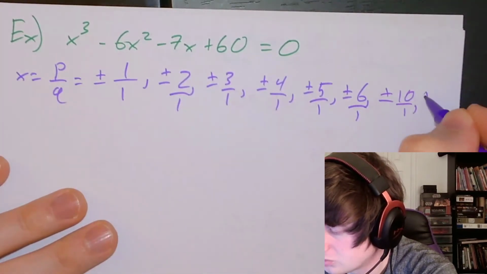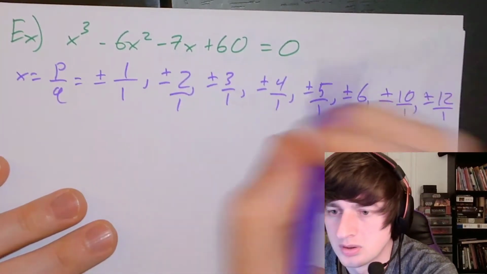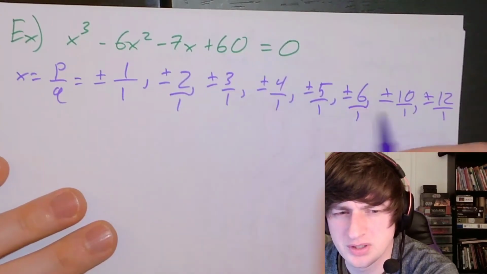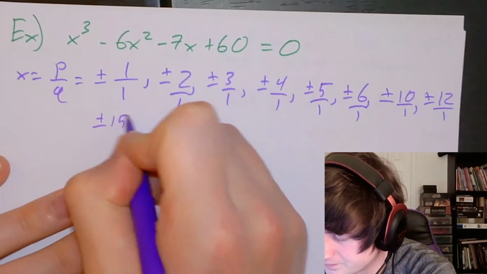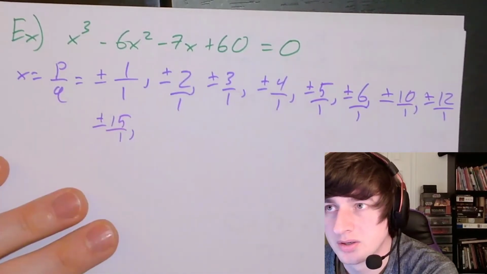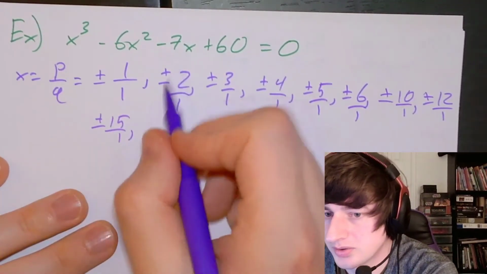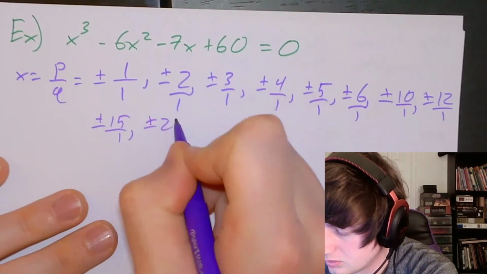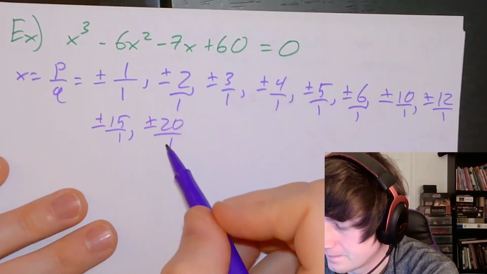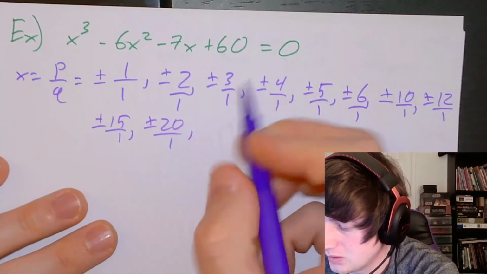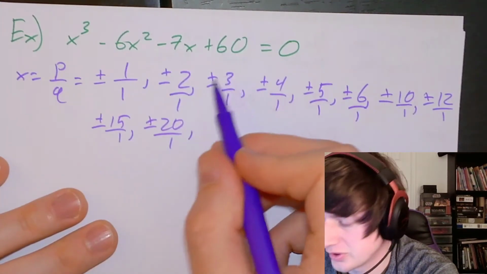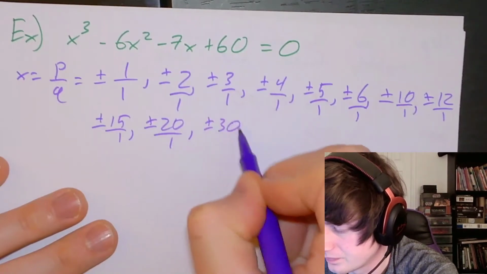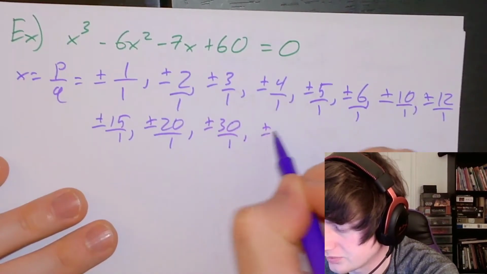Not 11, but 12. Not 13, 14, but 15. Not 16, 17, 18, 19, but a 20. And then 30 is the next one. And then 60 is the last one.